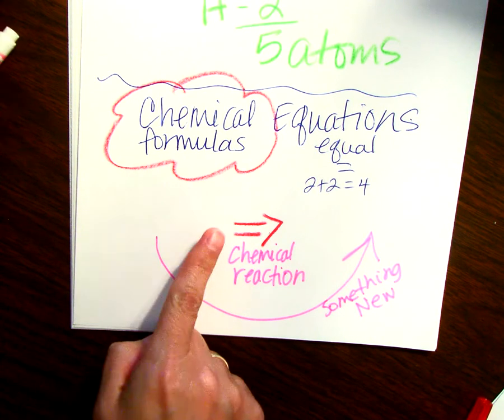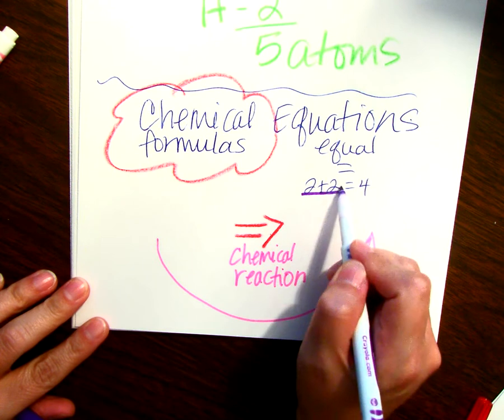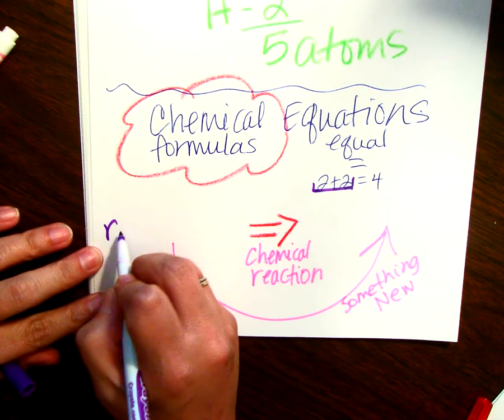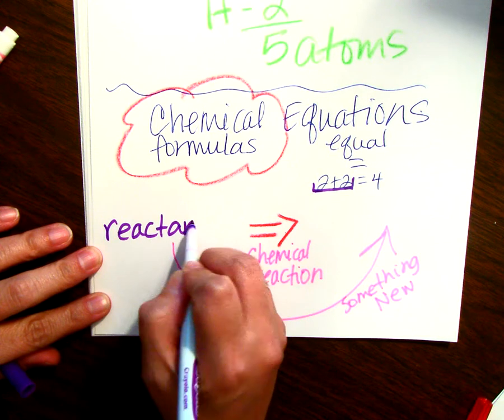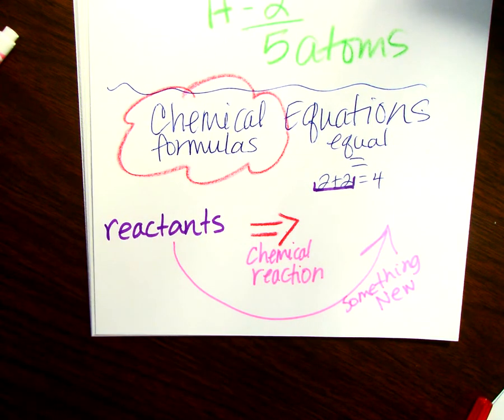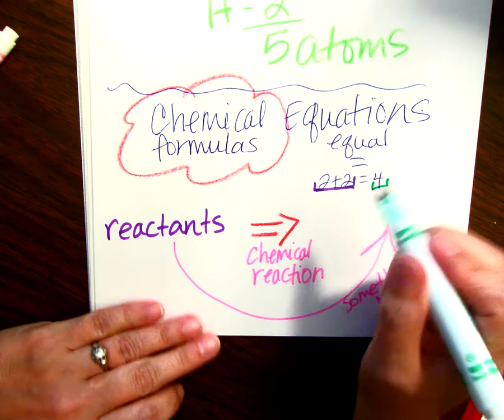Well, what was before, like the 2 plus 2, these are called reactants. And what we get after the chemical reaction, which is like what this 4 would be, this is the product.